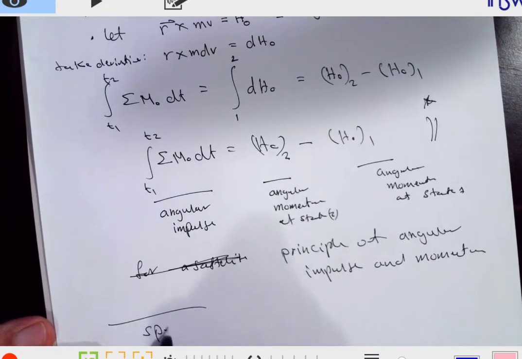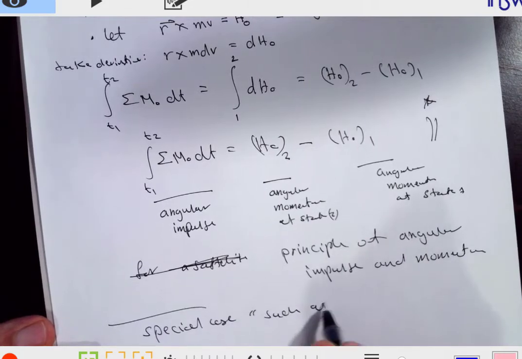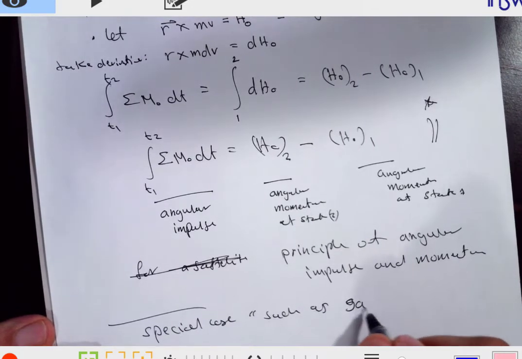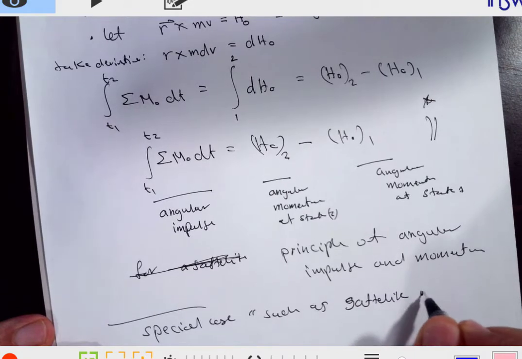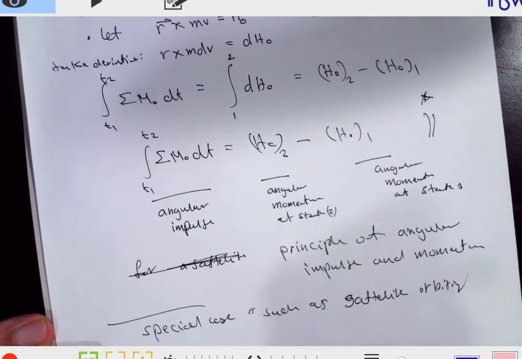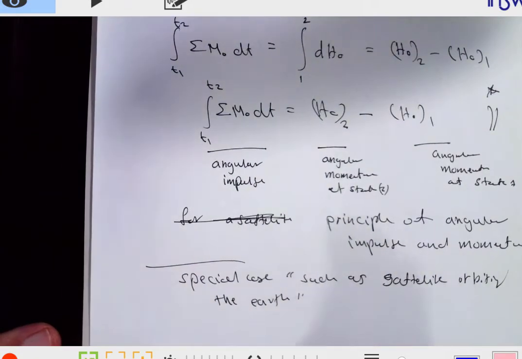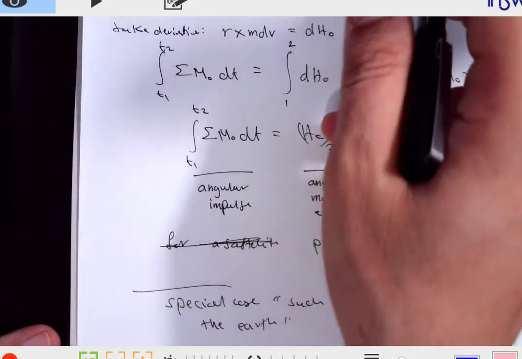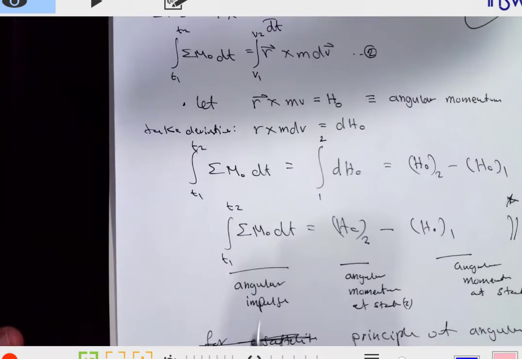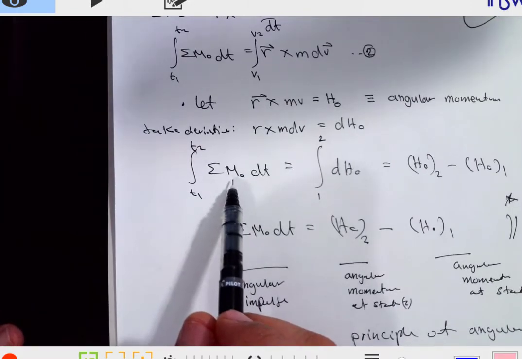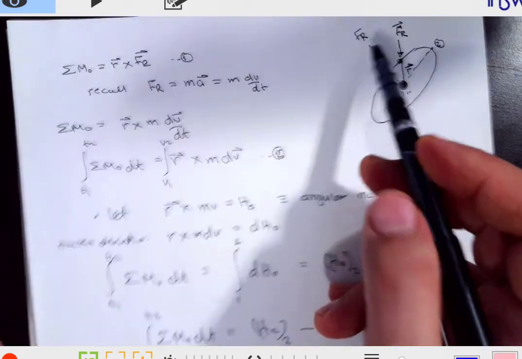Special case, such as a satellite orbiting Earth, as an example, and assuming that there are no thrust forces coming from the satellite itself, it's just orbiting using the gravitational force F. So in this case, there's no free couple moment, the only force is the Fr.